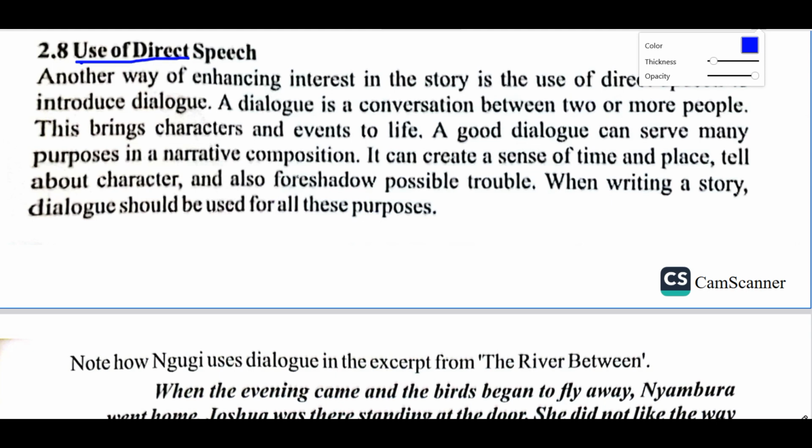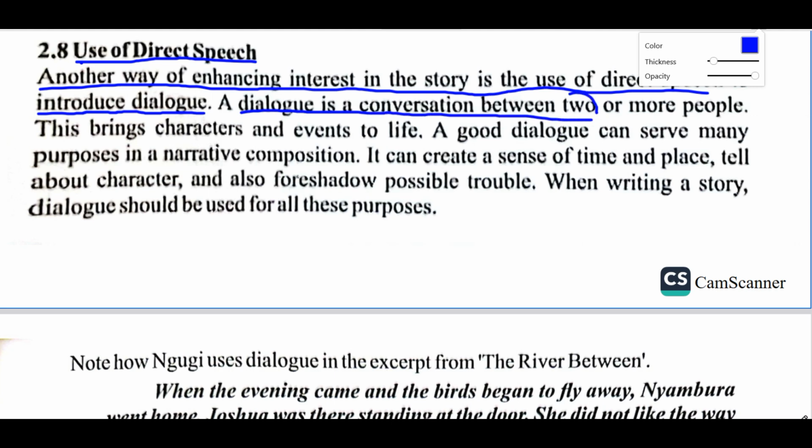Now we have another point: the use of direct speech. Another way of enhancing interest in the story is the use of direct speech to introduce a dialogue. Now what is a dialogue? A dialogue is a conversation between two or more people. So this brings characters and events to life.